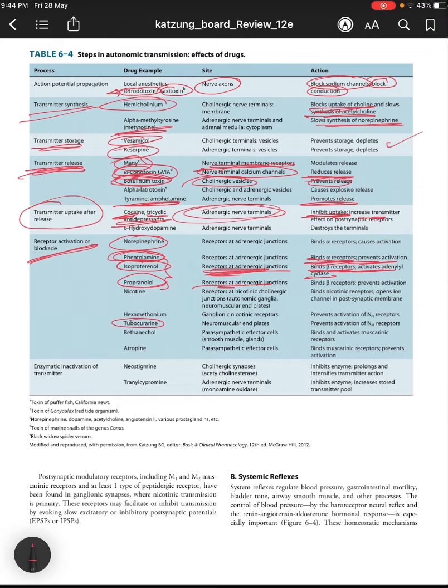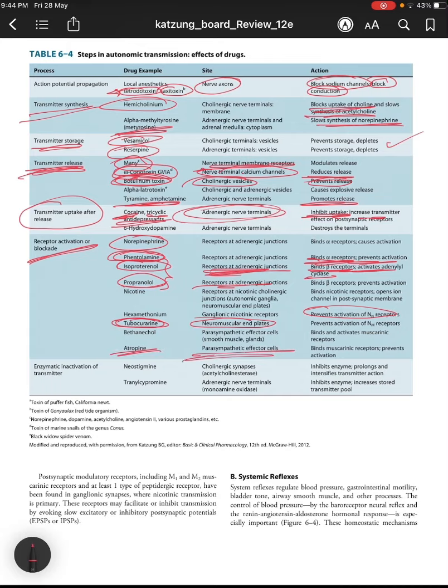Okay, and we have tubocurarine, which acts at the neuromuscular end plates. Curare acts by competitive inhibition. Suxamethonium, all those act by persistent depolarization.